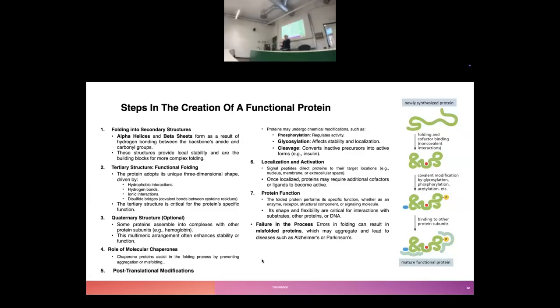So the chaperones are part of the organization of the 3D structure of the proteins. And it is also a matter of the other enzymes that will change some characteristic of the primary sequence.